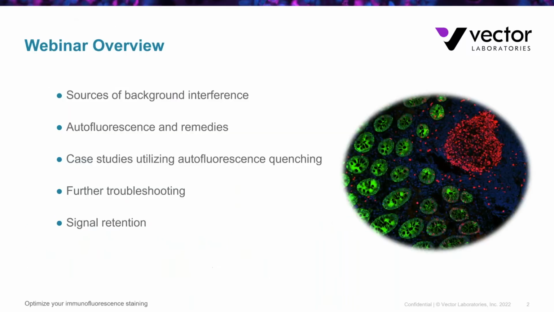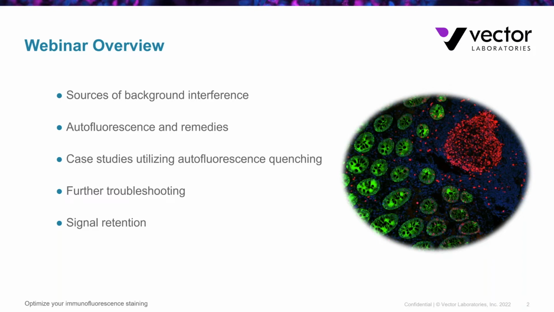Here's a brief overview of the topics we'll be discussing today. We'll look at sources of background interference, sometimes referred to as non-specific staining. Then we'll break that down a little bit. We'll look at autofluorescence specifically and ways and treatments that people have implemented to reduce and eliminate autofluorescence.